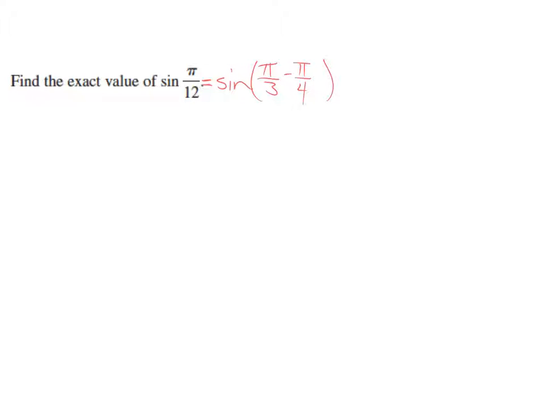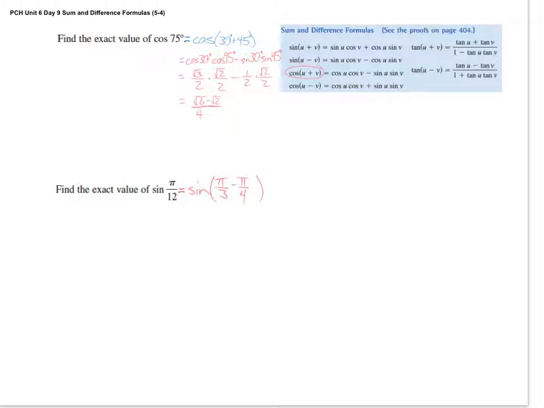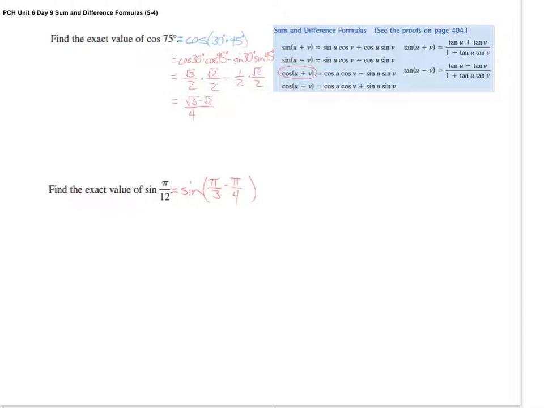And here's the thing, guys. If you're really stuck on one, maybe converting it to degrees would be helpful. Now, it's not terrible to try to do it this way either, but converting to degrees can help. From there, it's just plug and chug. Put it in your formula and you got it. Using our difference formula for sine, it's sine of u cosine v minus cosine u sine v.